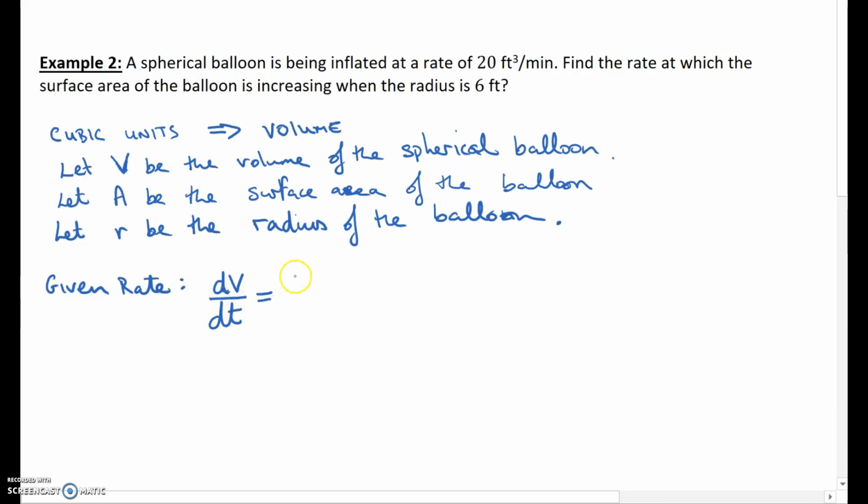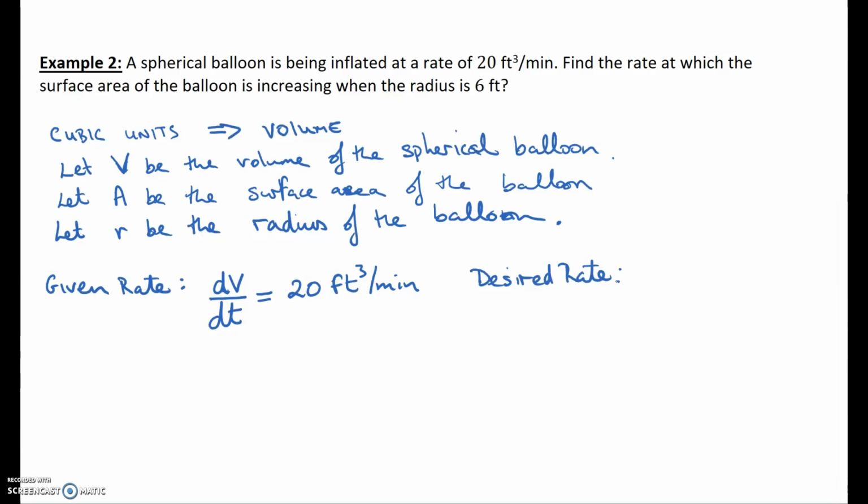So the volume is changing at a rate of 20 cubic feet per minute. The desired rate here is the rate at which the surface area of the balloon is changing. If A stands for surface area, the rate at which that's changing we're going to label as dA/dt.